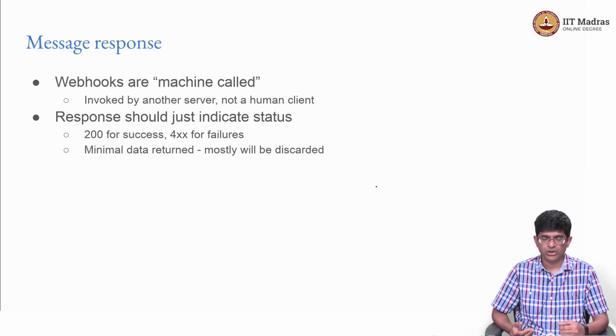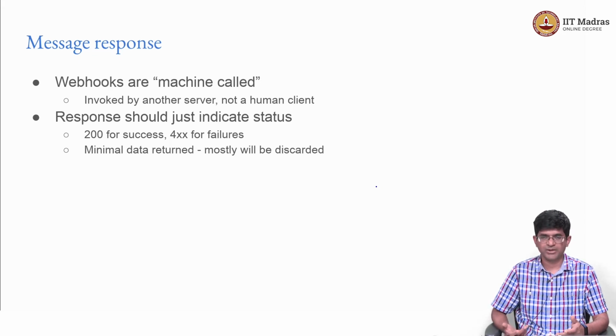What about the message response? Remember that a webhook is being called by another machine, right, not by a human, not by a web frontend, which means that it is being invoked by another server, which is usually not waiting for a detailed response. At best, if you are sending something back, you should just be sending back a minimum amount of JSON data, which might be used by the webhook caller.